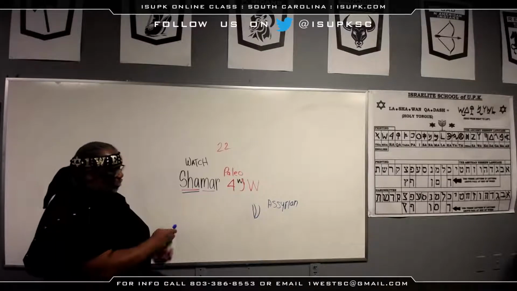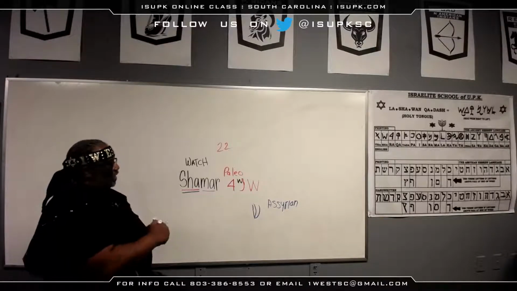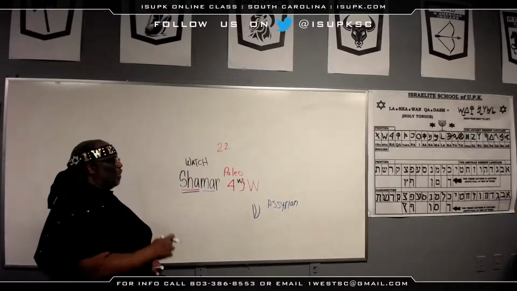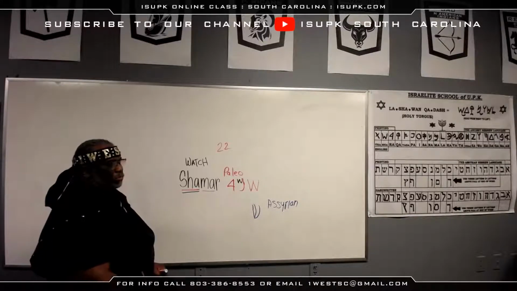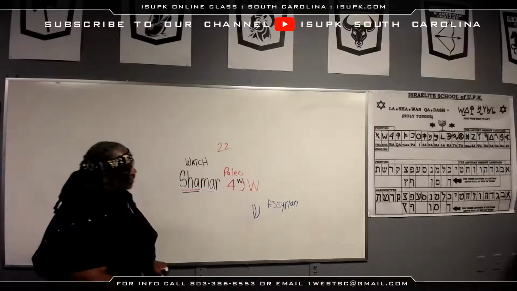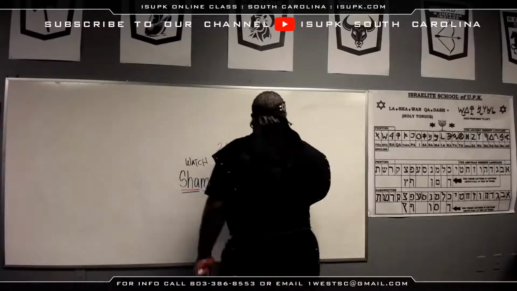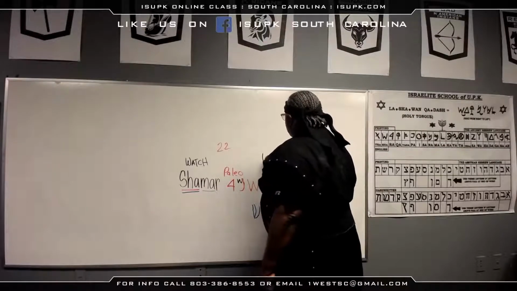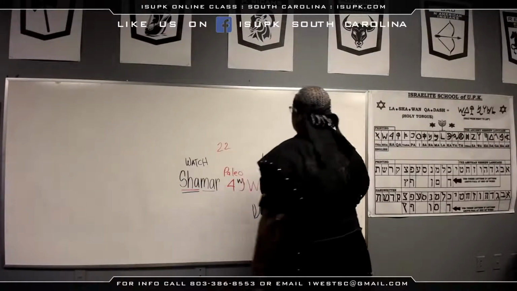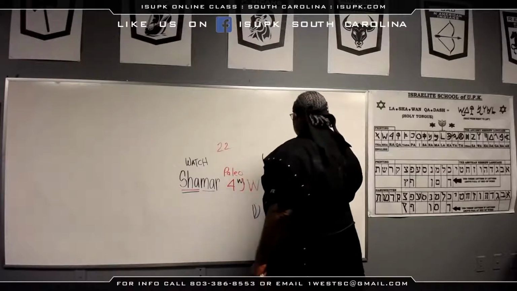So in Hebrew, we use connectors to make the word easier to pronounce or to enunciate. So we have two connectors. We have an upside down U and a regular U. Okay?